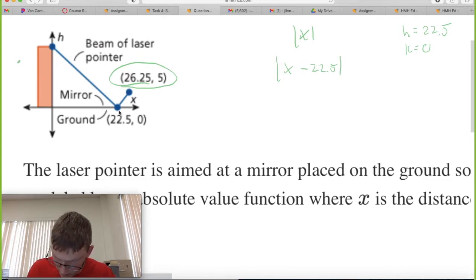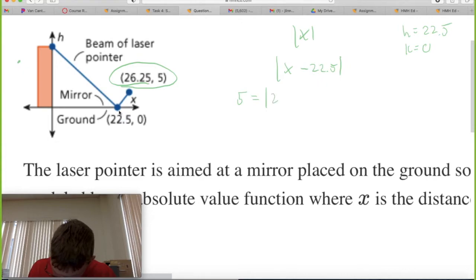So here we go. We're going to have our g of x. Well, we'll just go ahead and plug everything in. So our y, or our g of x, is equal to 5, equals, our x is going to be 26.25 minus 22.5. Oh, and there's an a out here out front. I forgot about that.